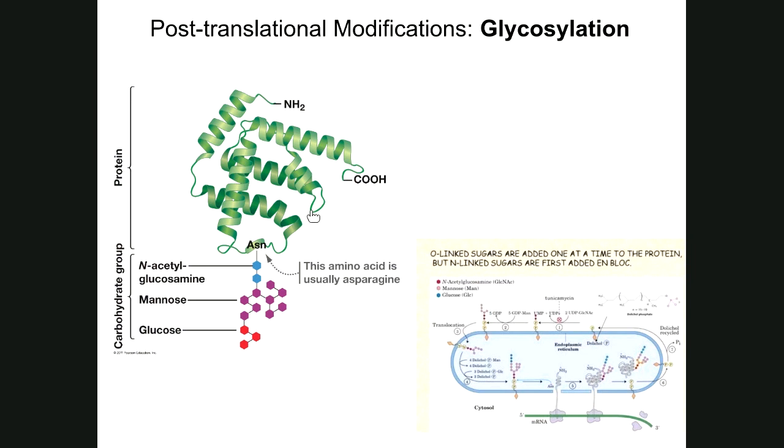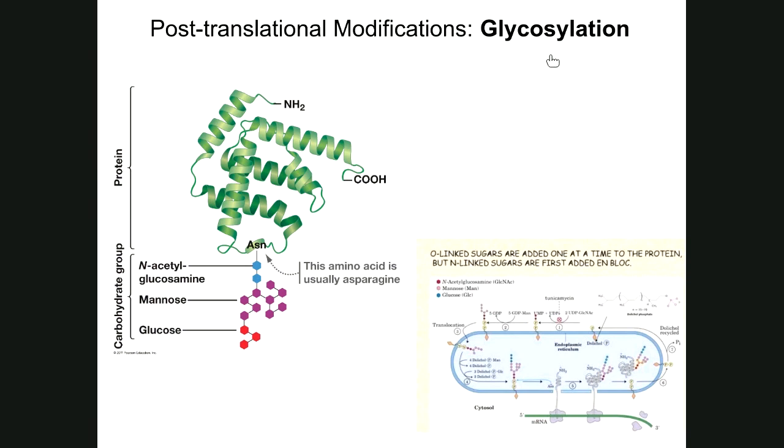This occurs in the rough ER, and then any protein synthesized in the rough ER, remember, will be transported to the Golgi apparatus, where that protein will be further glycosylated. So glycosylation occurs in the rough ER, and it occurs in the Golgi apparatus, and then from the Golgi apparatus, that is where the Golgi will sort and separate the proteins and either package them into a lysosome, insert them into the cell membrane, or secrete them through a process called exocytosis.